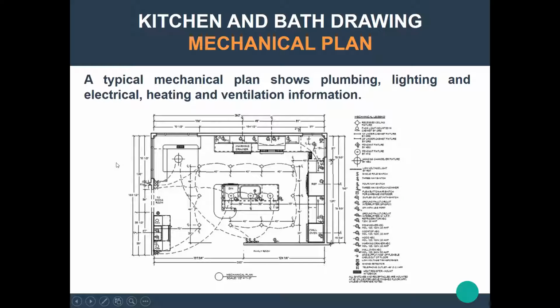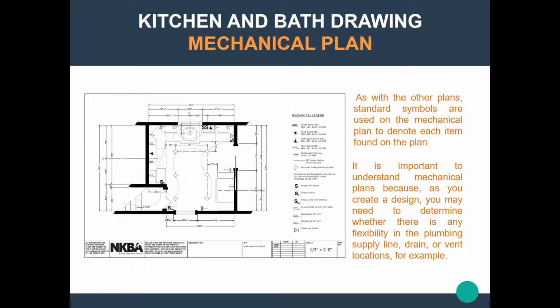Don't forget, plans are not only for a customer. Plans go to the contractor too. They need to read it and execute the service following your plan. So two people will use this plan, your customer and the contractor. Another type of mechanical plan.